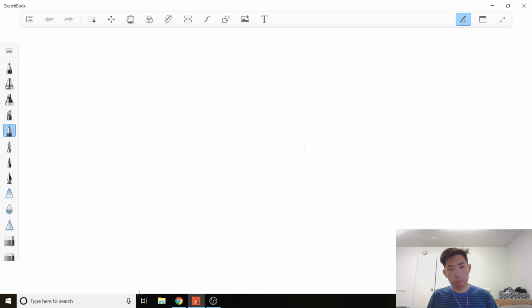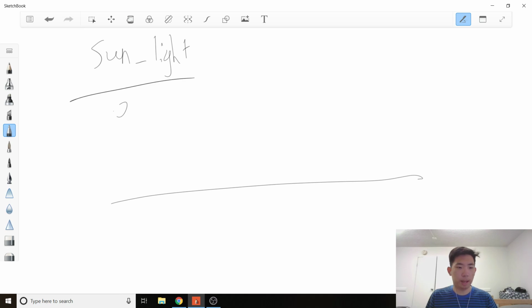So this is what we know. Basically, the light we see is the incoming sunlight divided by pi, and that's the amount of energy we see from the viewer. Well, if we do this, it'll still be flat.